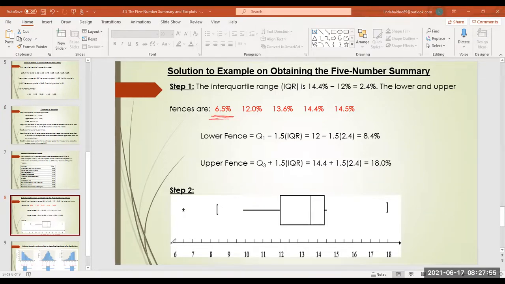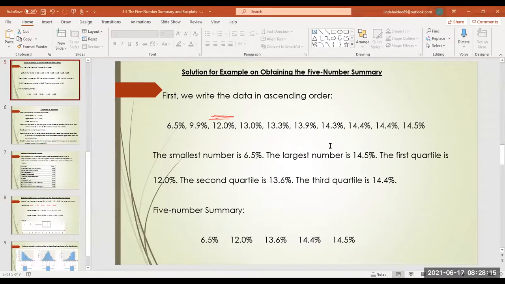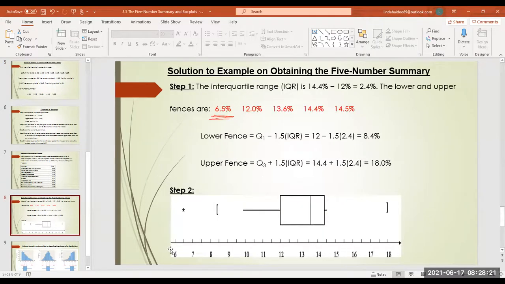So we are going to draw a number line, long enough to include the smallest data value and also the largest data value we have in the list of data values. When we arrange from smallest to highest, we got the highest to be 14.5. So as we draw our number line, we should make sure that it accommodates the 14.5.